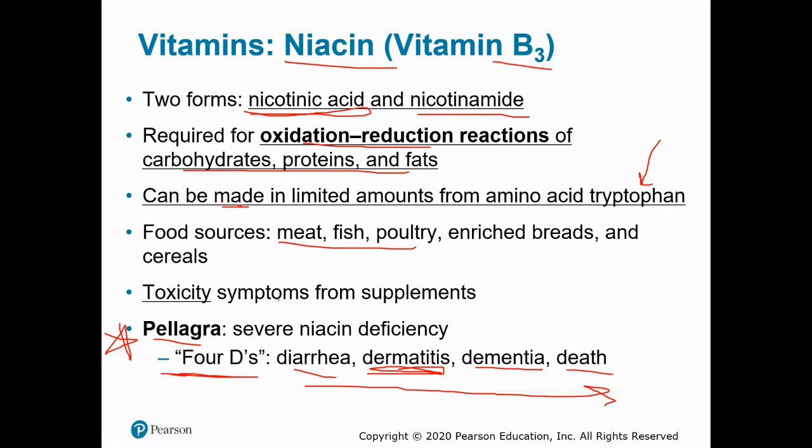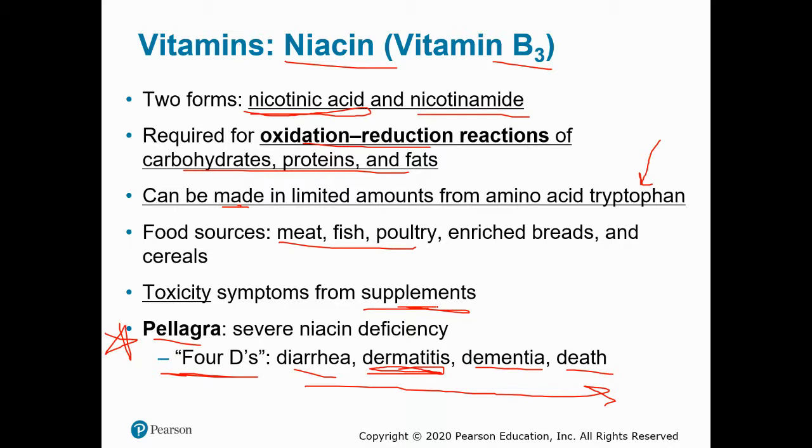We can also see some toxicity from niacin supplementation, and we'll see this. Not all of these micronutrients will cause a toxic effect, especially the vitamins, because they are water soluble. If we consume too much of them, there might be a mild, we call it a toxic effect, but it doesn't mean a deadly effect.